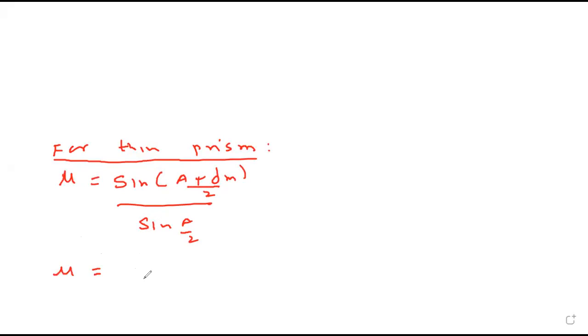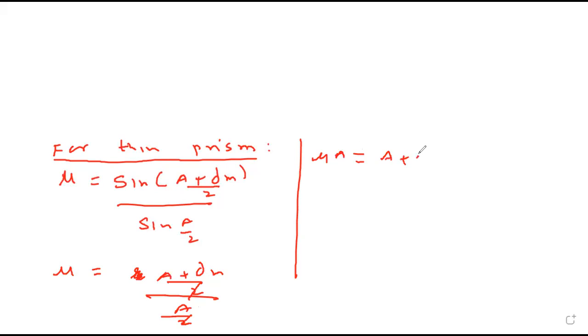So mu can be written as A plus delta m upon 2 divided by A by 2. So mu A equals A plus delta m. So delta m is mu A minus A. So delta m equals A into mu minus 1.